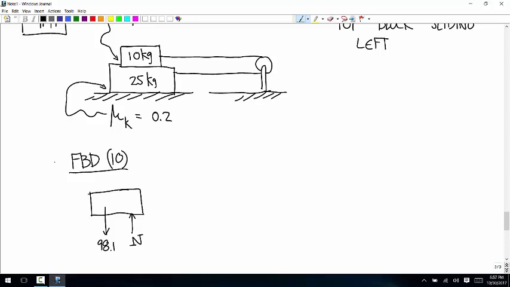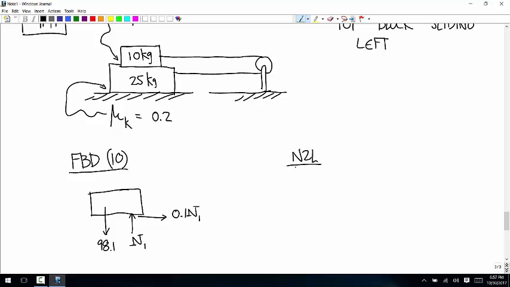I'll call that N1. And then the top box is sliding to the left, so the friction force has to be to the right. So this will be the coefficient of friction between those two, 0.1 times N1. Any questions about that yet?